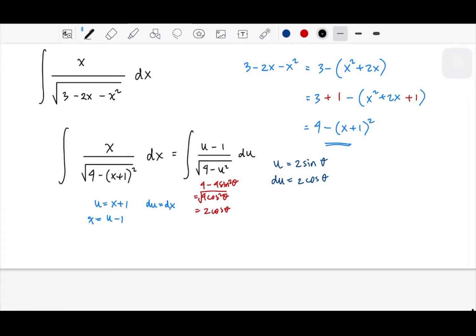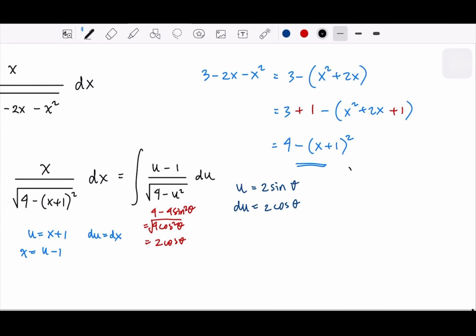So this will be (2 sine theta minus 1) over 2 cosine theta, and then du is 2 cosine theta d theta. We can cancel this, and it becomes more simplified, and we can integrate directly.